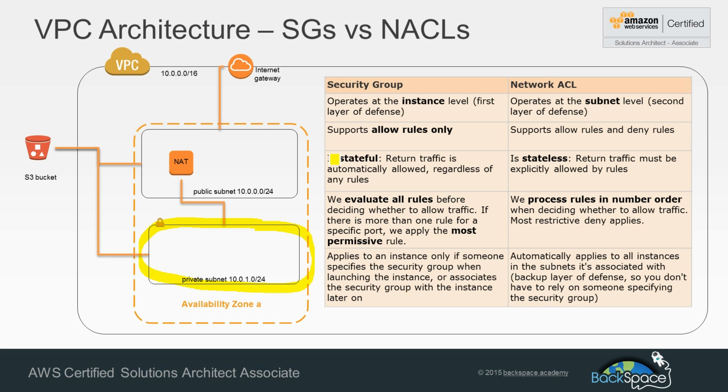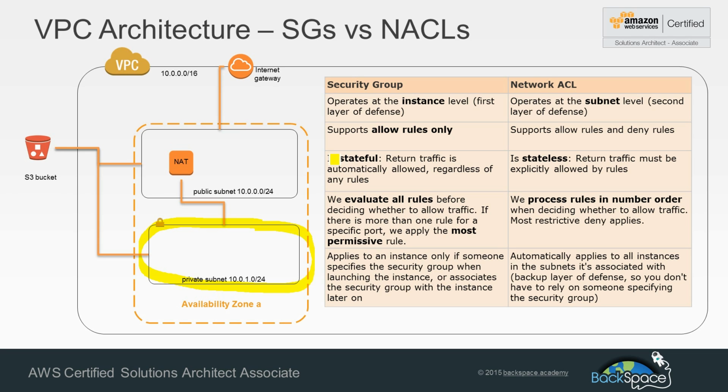In contrast, a network ACL processes rules in number order when deciding whether to allow that traffic or not, and the most restrictive deny applies. Not the most permissive, the most restrictive deny applies with a network ACL.